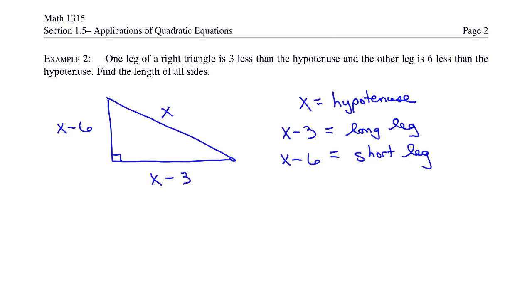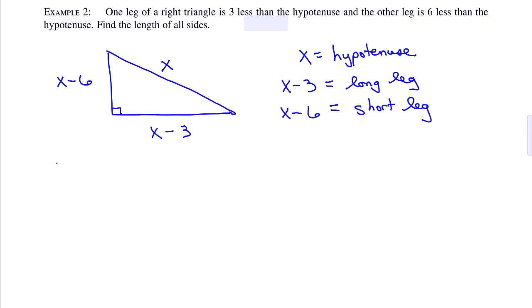Next, we need to recall which formula is the model that controls the sides of a right triangle. And of course, that is the Pythagorean theorem. The Pythagorean theorem says a squared plus b squared is equal to c squared, where a and b are the legs, and c is the hypotenuse.